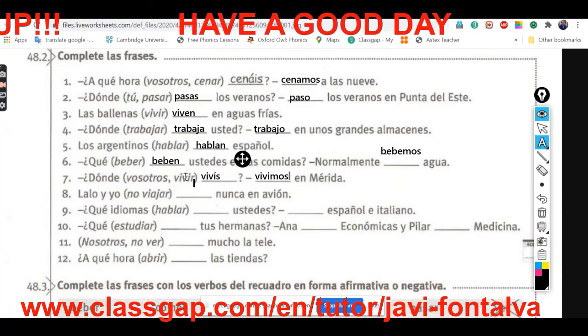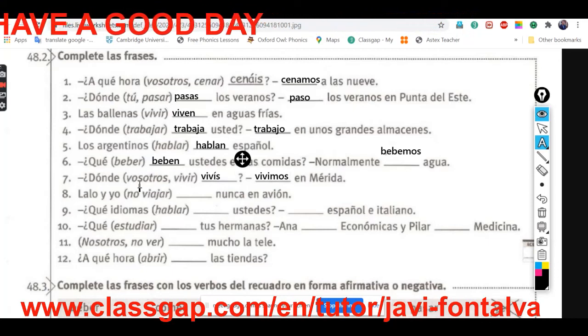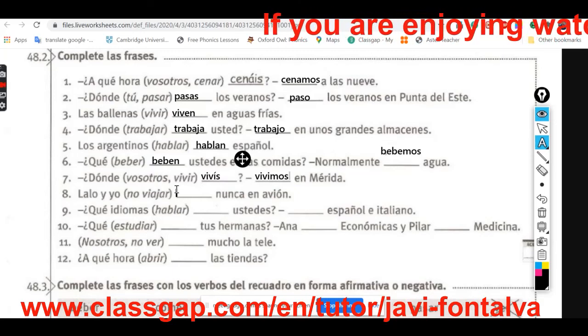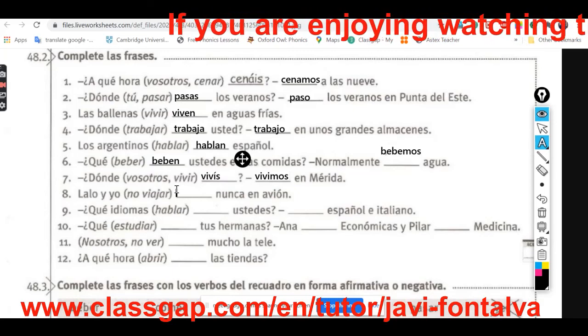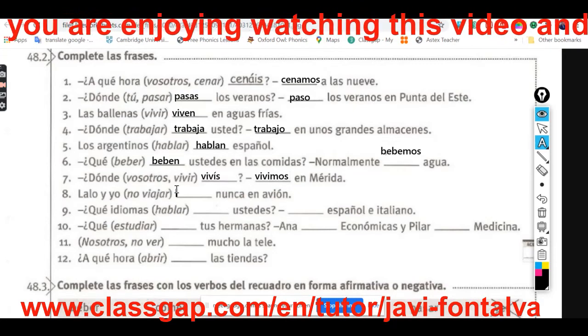I must say something about vosotros. In Latin America, they prefer to say ustedes. So they would say, ¿Dónde viven ustedes? But they will still understand you if you say, ¿Dónde vivís? Because of our films, they watch some of our films like La Casa de Papel, so they are familiar with vosotros, but they hardly use it, to be honest.